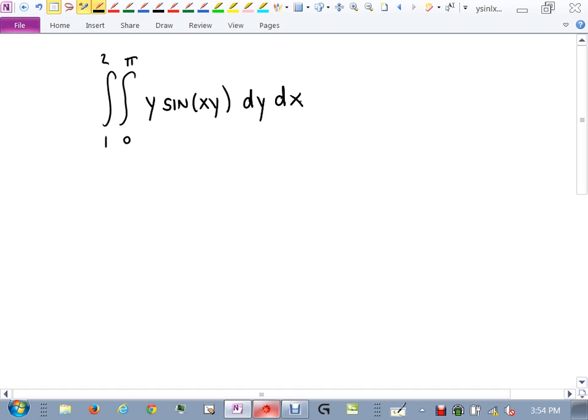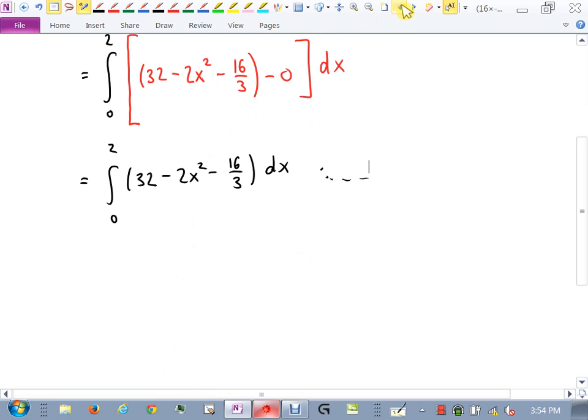Okay, that's the integral setup for that problem. Double integral. Again, keep track of things. I've got my pi and 0 on the inside. That goes with my y variable. Yes, on the previous one. Okay?